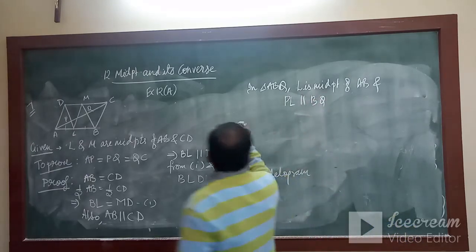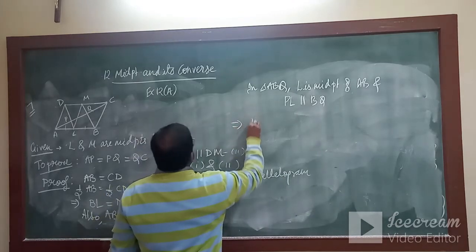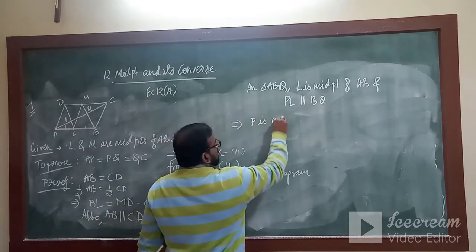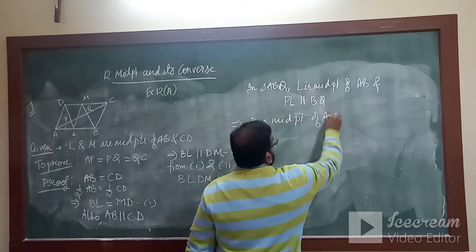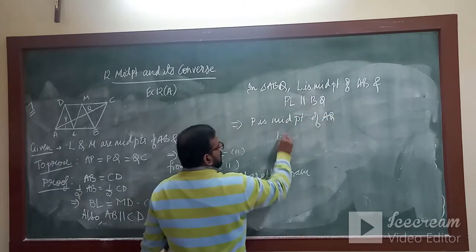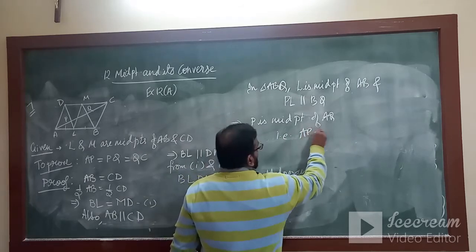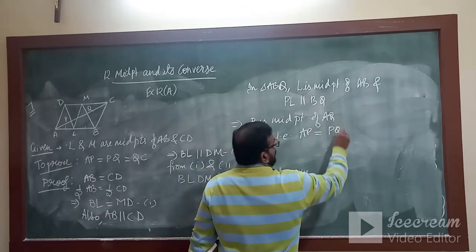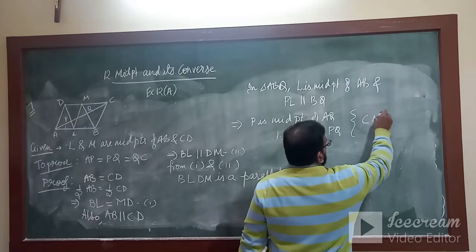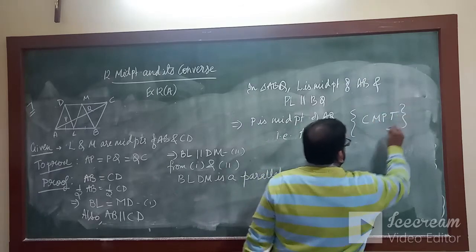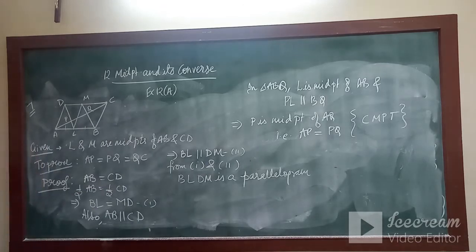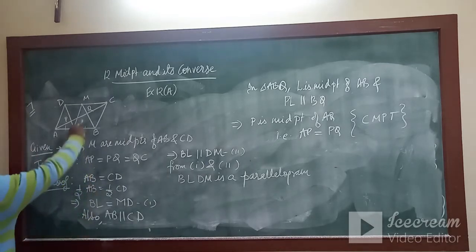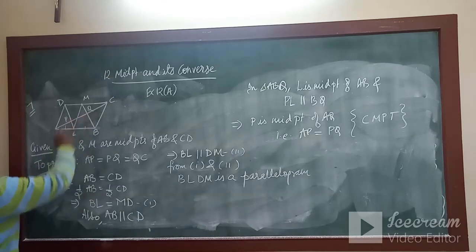So that means P is the midpoint of AQ, that is AP equals PQ. Again we have used the converse of the midpoint theorem. So these two parts are equal to each other.